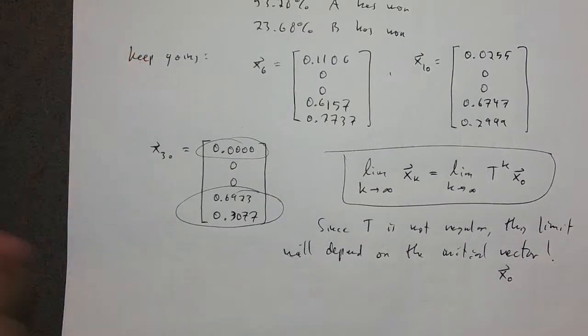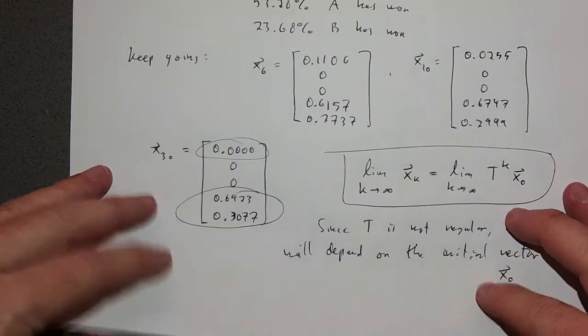So this depends on that initial vector x naught. This is something that didn't really happen in the regular case, right? We went to great lengths to show that it didn't actually matter which thing we chose. In the end, we got the same thing. That's not true here. And it's not true because of this non-regularity of the transition matrix. Okay. So what this example showcases is exactly this property that I was talking about of absorbing Markov chains.